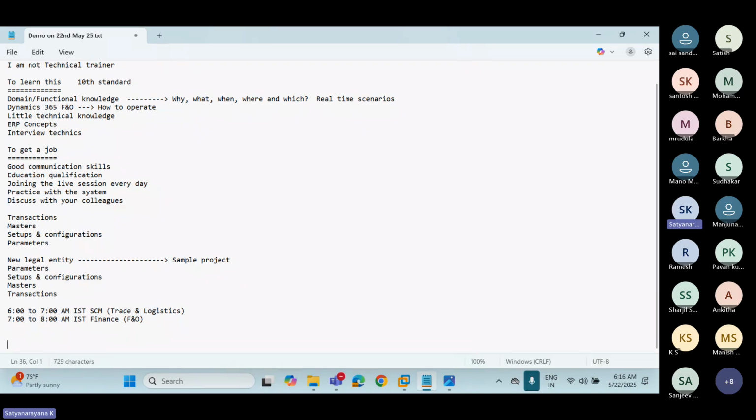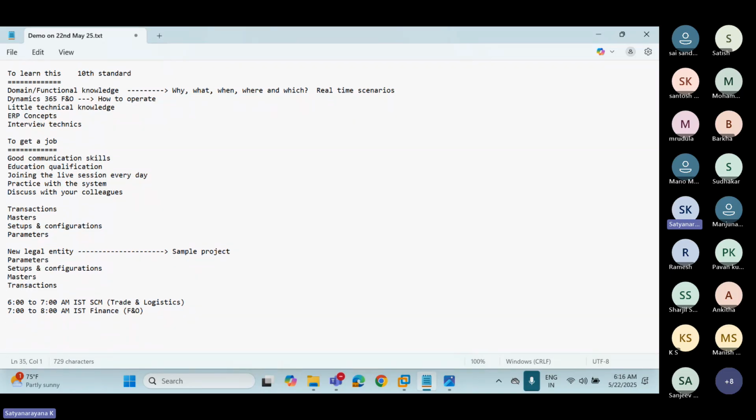Whenever I'm teaching, I will show you one is blue color, next orange or yellow color, next red color. What do you mean by blue color? It means the transaction is successfully completed.